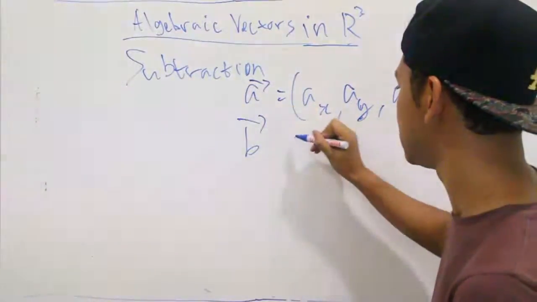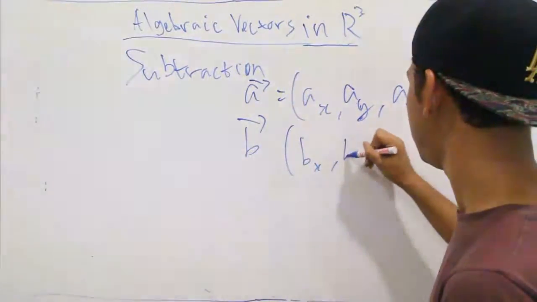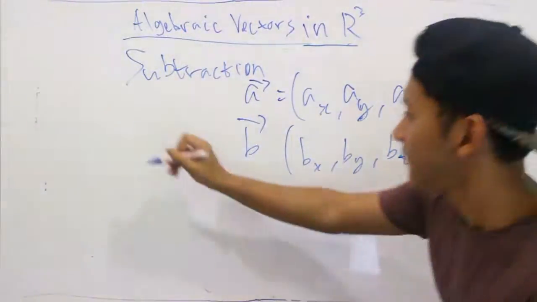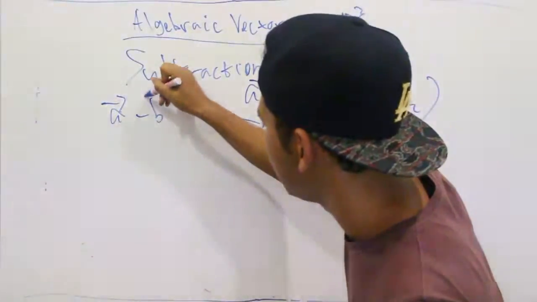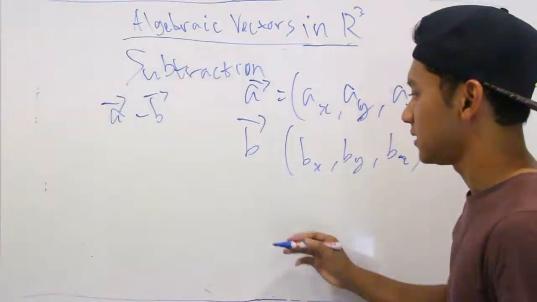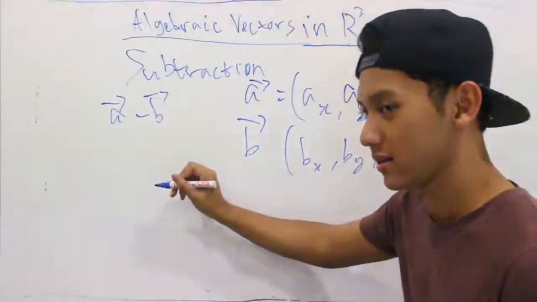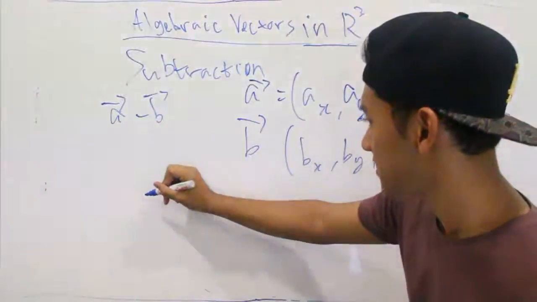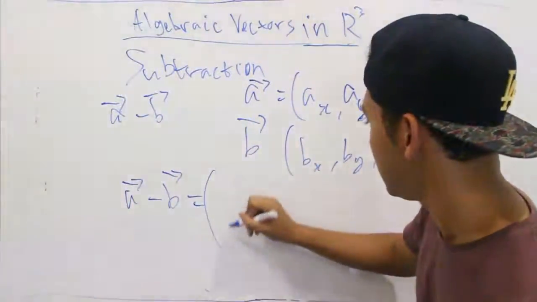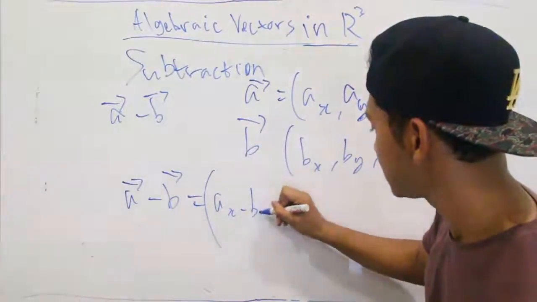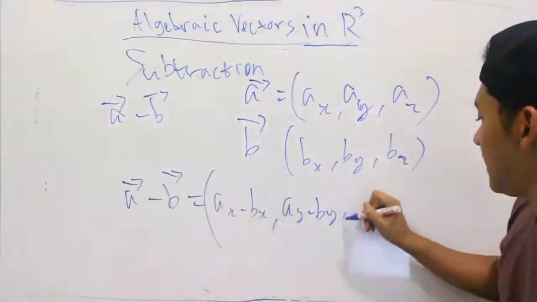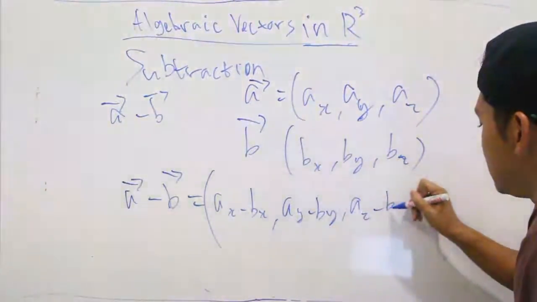And vector B is BX, BY, and BZ. If we want vector A minus vector B, we subtract each axis. It may seem complicated, but it doesn't. So vector A minus vector B is equal to AX minus BX, AY minus BY, and AZ minus BZ.